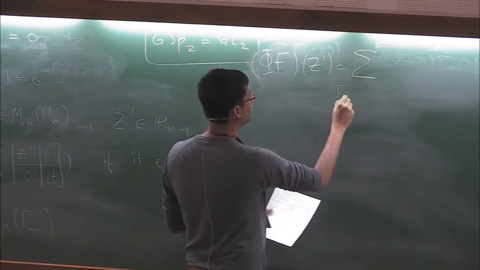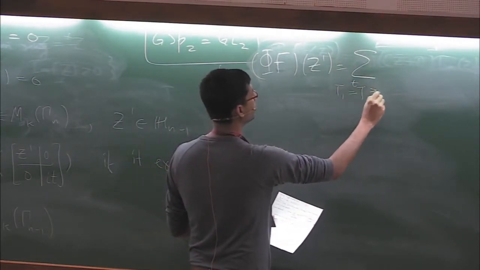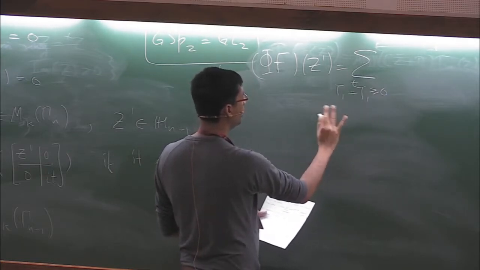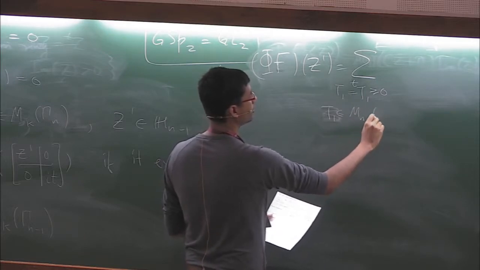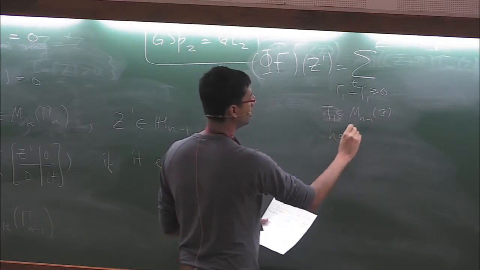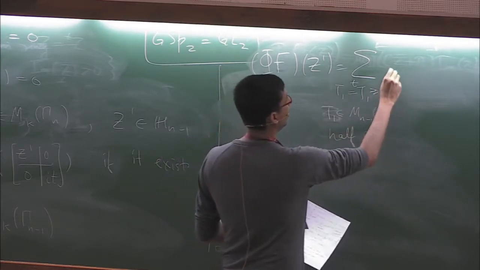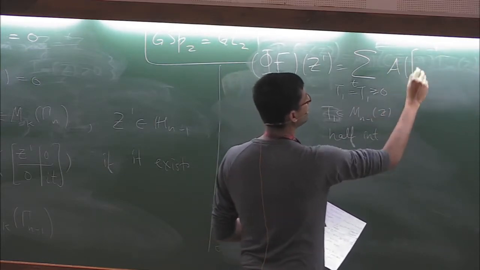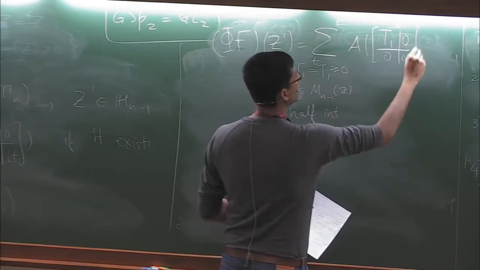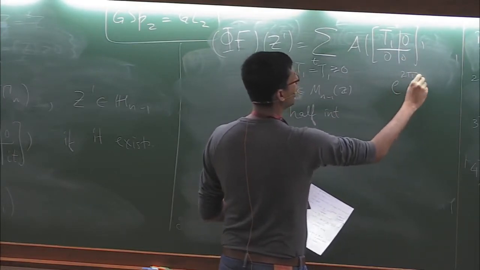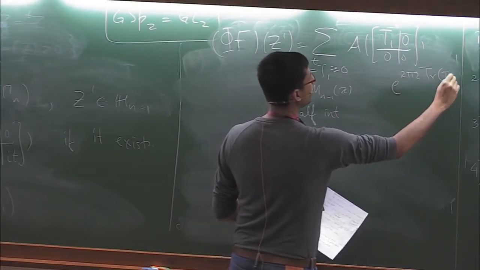The sum over T1 equals T1 transpose, where T1 is now in a smaller size, and the coefficient comes from the matrix with blocks T1, 0, 0, 0, and e to the 2 pi i trace T1 z prime.